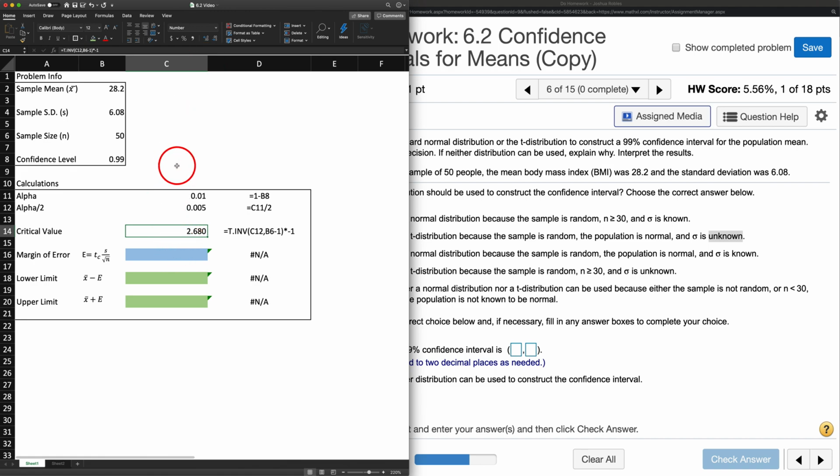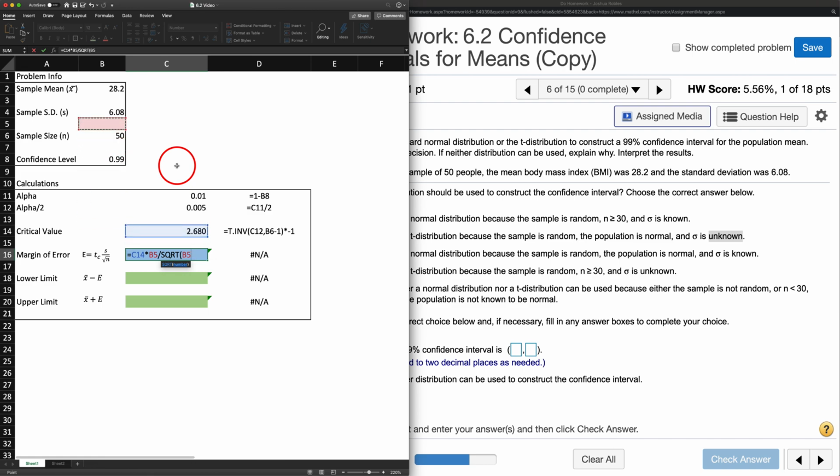Alright, the margin of error, we are ready to calculate that now. So that is the critical value times the standard deviation divided by the square root of the sample size.